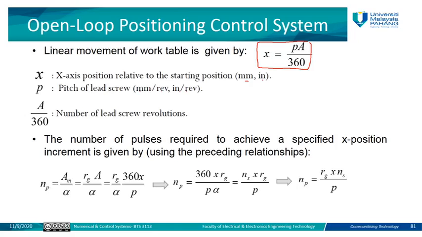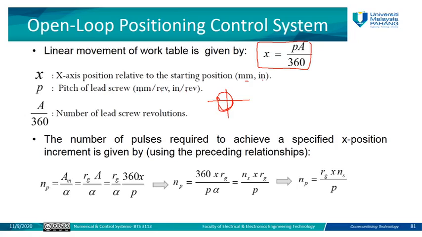Because 360 represents the complete revolution, the complete cycle from zero returning again to zero. If the rotational axis is rotating for one cycle, clockwise or counterclockwise, it will be 360. So this will give the number of lead screw revolutions.